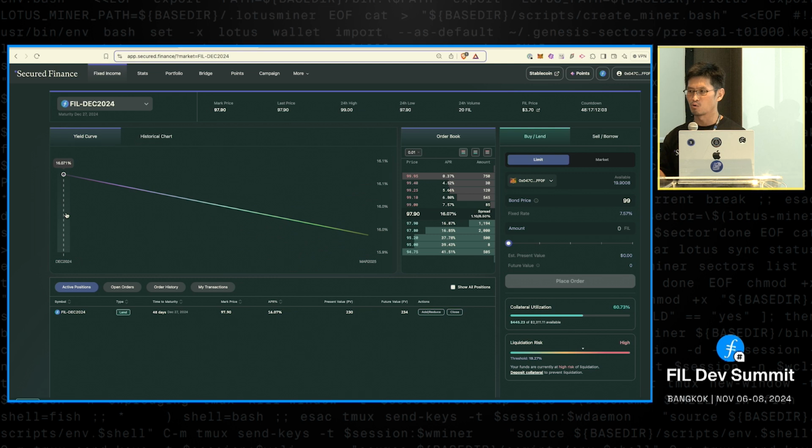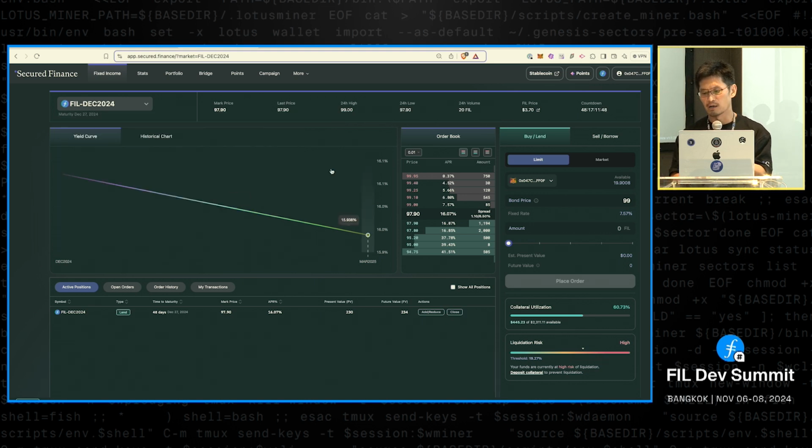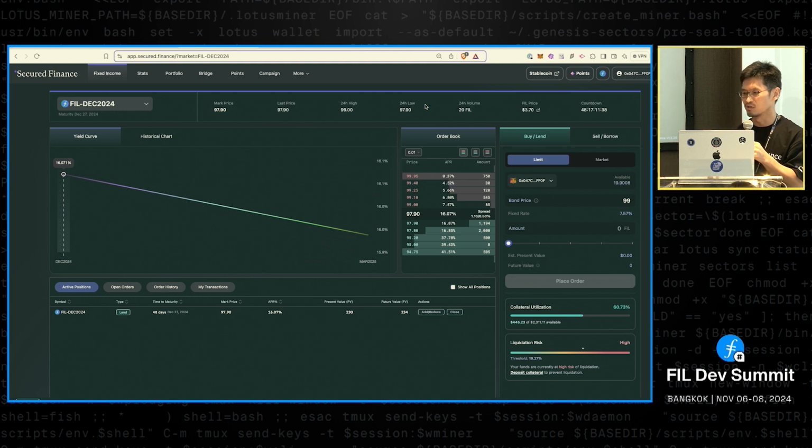And once we launch our stablecoin, you can see another currency here, which is USDFC, so that you can borrow and lend on our fixed income market, zero coupon bond trading, so that you can put an order on our market and lend out for yield enhancing. That's another utility for the USDFC.